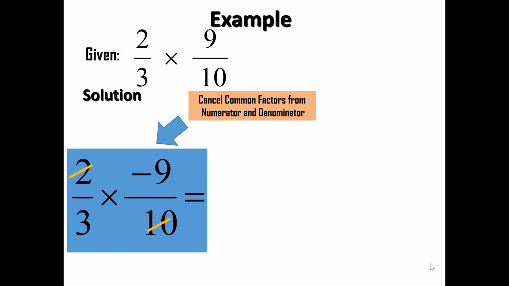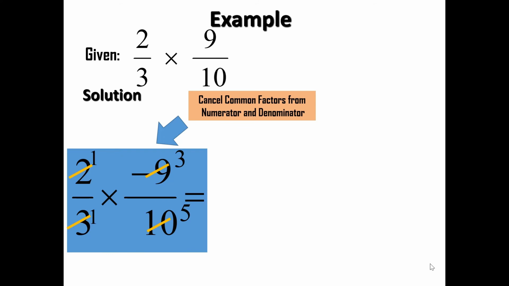So sa pagkakataong to, yung 2 ay common factor niya sa 10 ay 2. Then 10 divide 2 ay 5 at 2 over 2 ay 1. So sa 3 and 9 naman, sa 9 ay 3 dahil 9 over 3 is 3 at 3 over 3 is 1.